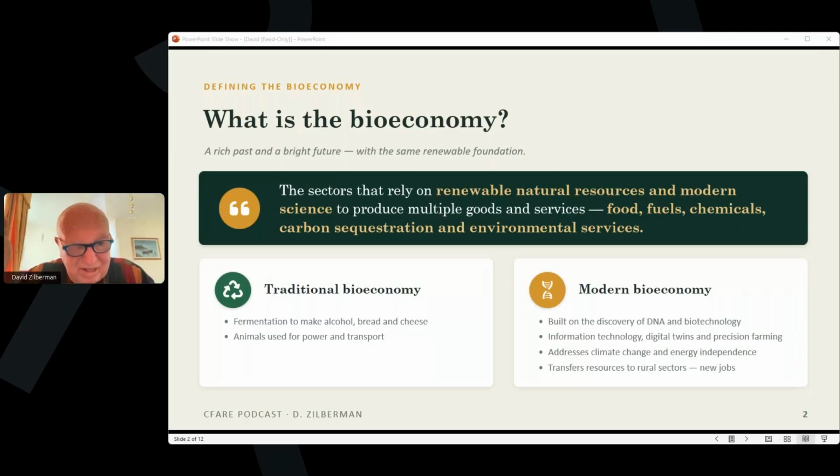Now, we can distinguish between the traditional bioeconomy, that was the economy until the 1700s, and the modern bioeconomy that is built on the discovery of DNA, information technology, the internet, and a lot of the other modern technologies that we have now.